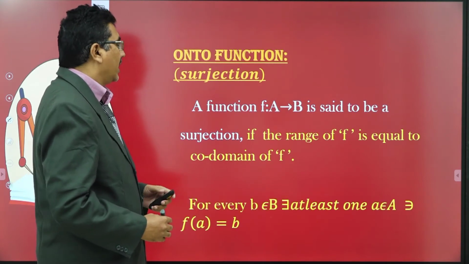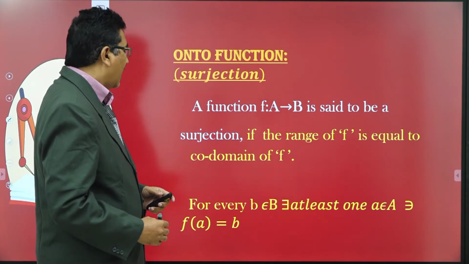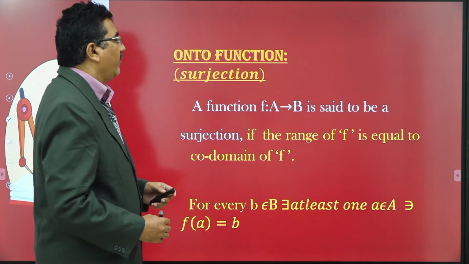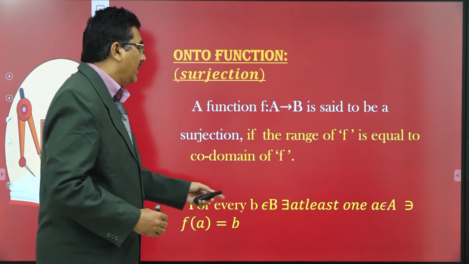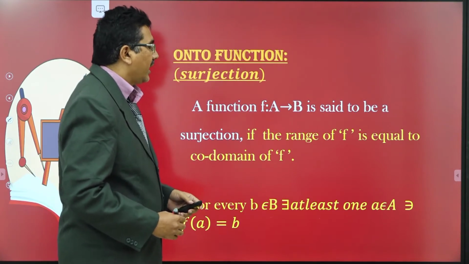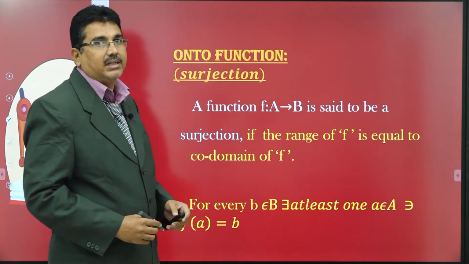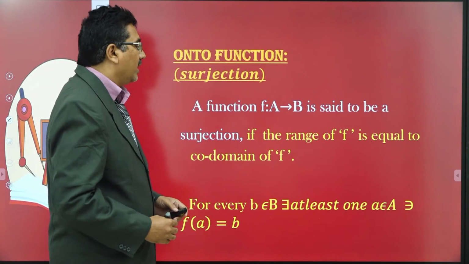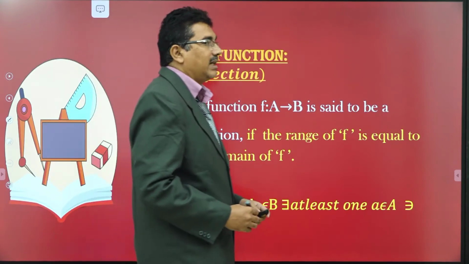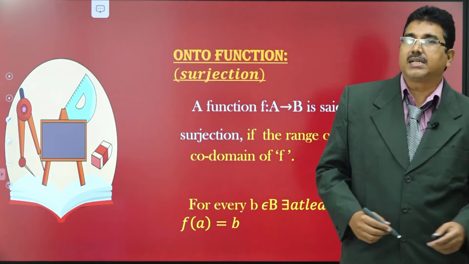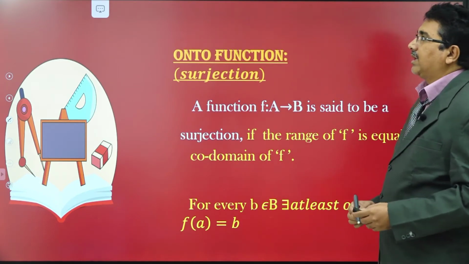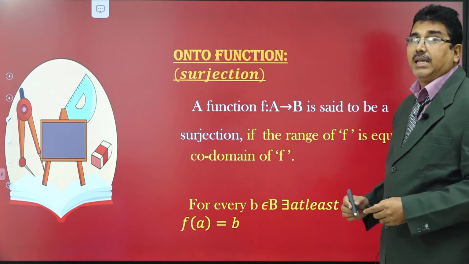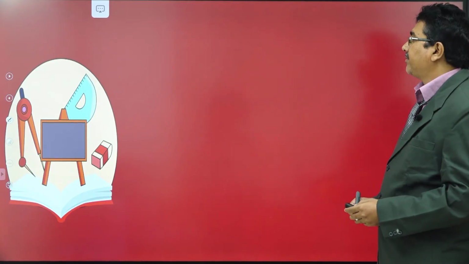The working rule for this onto function: for every b belonging to B, for every element in the codomain, there exists at least one a belonging to capital A, that is the domain, such that f of a is equal to b.